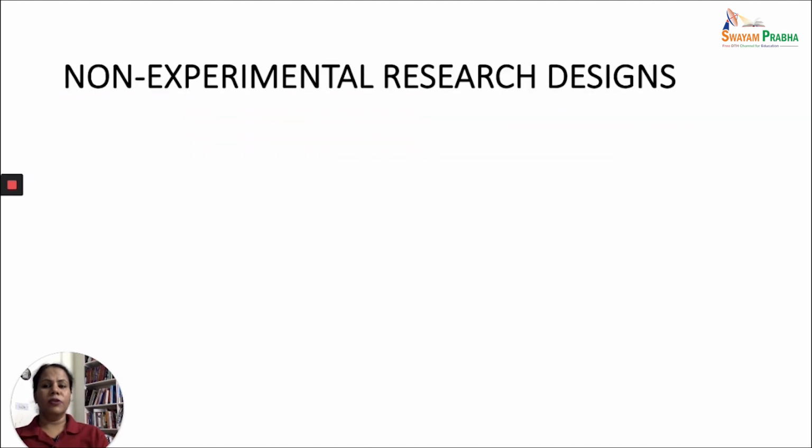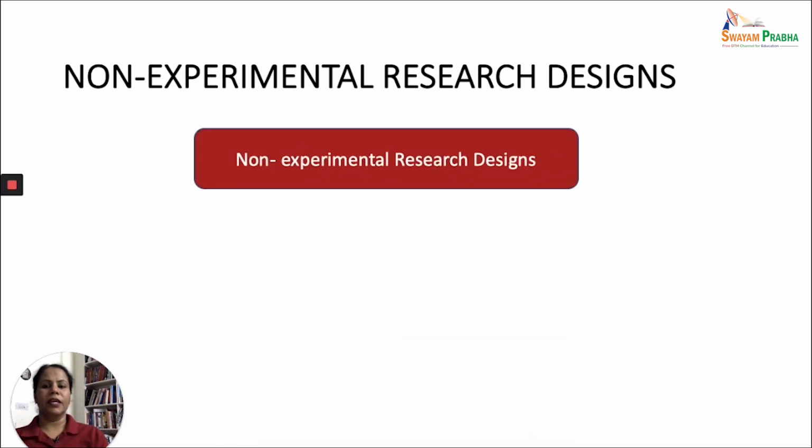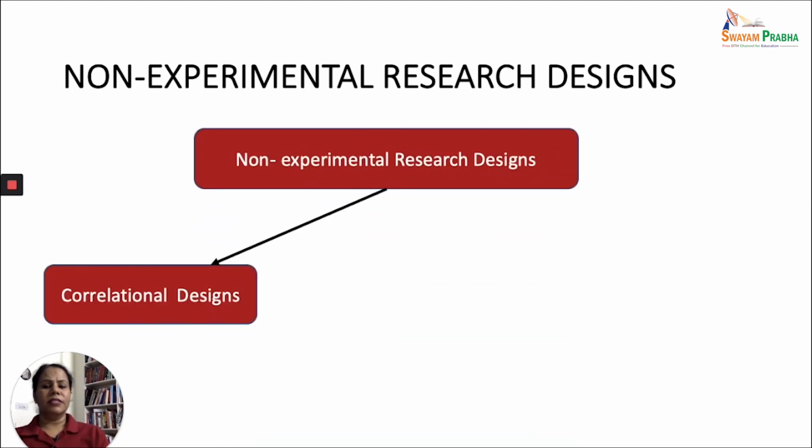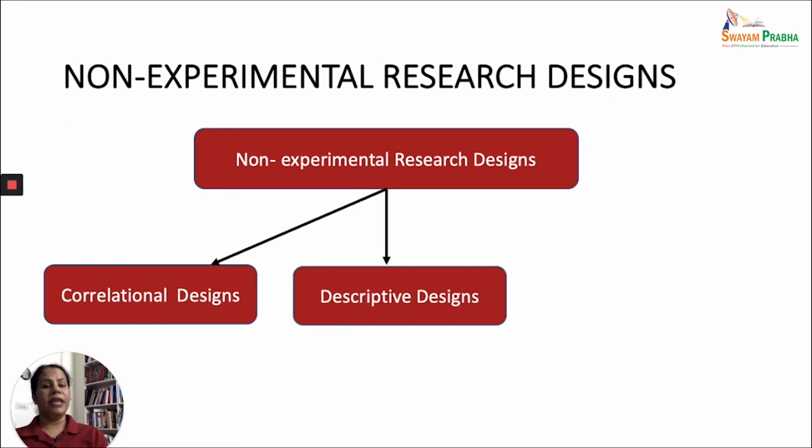So these are some of the reasons for undertaking the non-experimental research designs. Now let us talk about different types of the non-experimental research designs. So non-experimental research designs can be correlational designs. Correlational, the name only says where we try to find out the relationship between different variables. It can be descriptive design where we try to describe the phenomena under study.